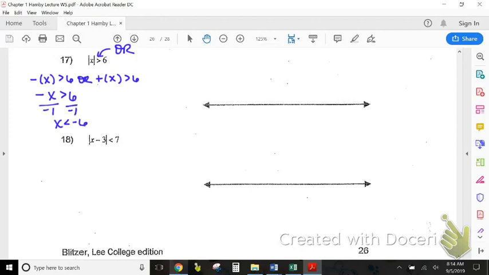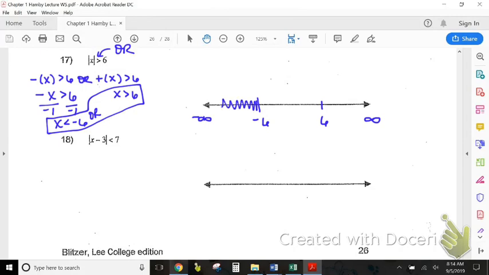Divide by the negative, flip the inequality. This is an or statement. I know that everything that's graphed for each of them is part of my solution, so I'm just going to do it on the number line. So x is less than -6 with a parenthesis. And x is greater than +6 with a parenthesis.